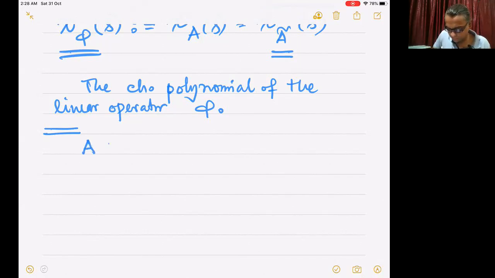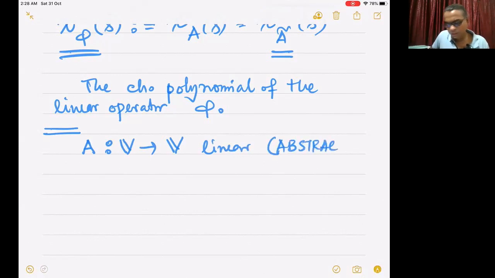Either you view A as a linear operator from V to itself, which is the abstract point of view, the one that we prefer, or if you feel uncomfortable, you can view A as a matrix also, right?